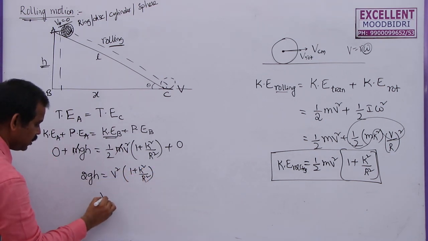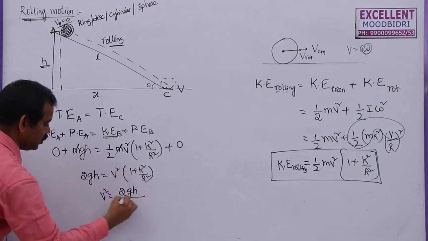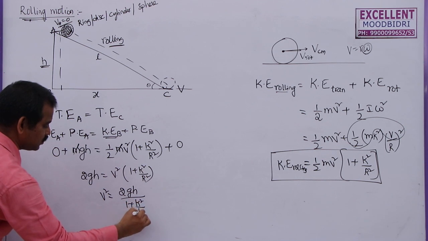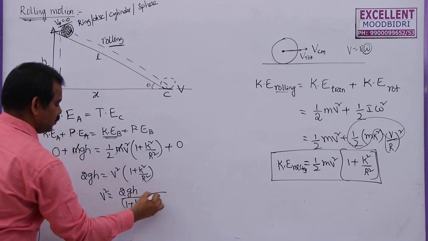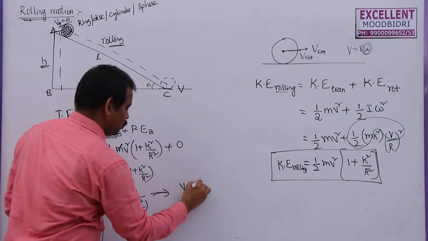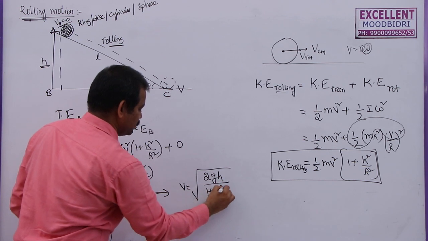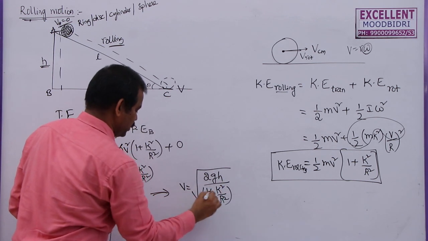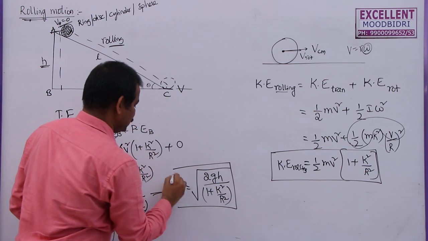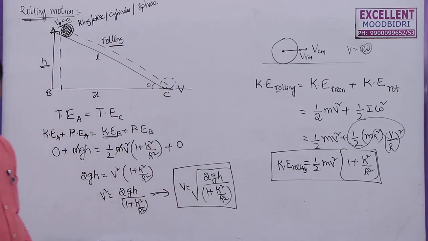So v square is 2gh by 1 plus k square by r square. So the velocity of this body is given by root over 2gh by 1 plus k square by r square. This is the velocity of this body on reaching the bottom of this inclined plane.